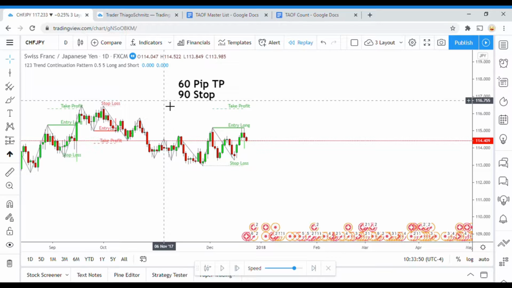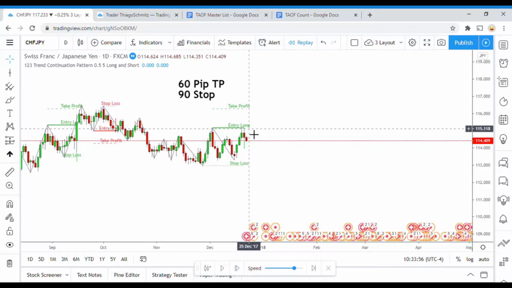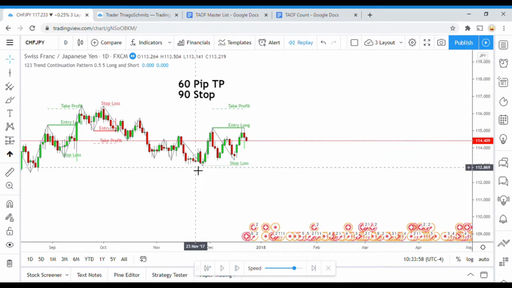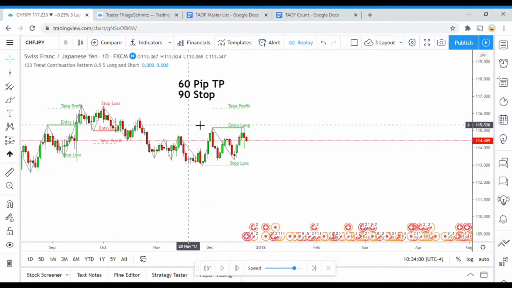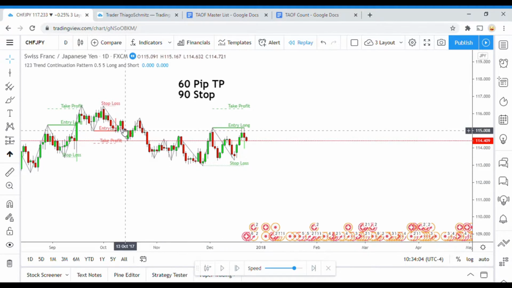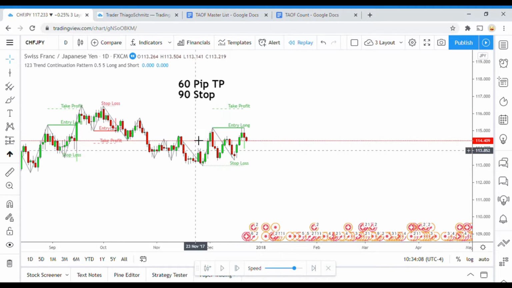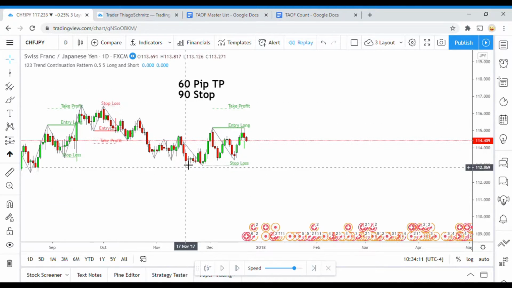A lot of these indicators that are set up like this, if you're not working with a stable foundation with your take profit and stop, then you can get in trouble really quick with trying to determine whether or not an indicator can be profitable.